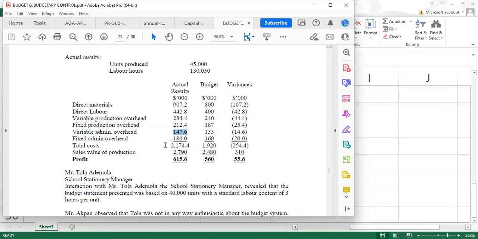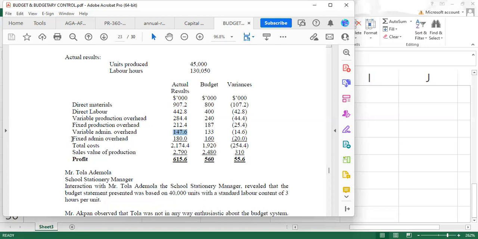Or if you are not giving labor, then you use units for all, like the first one that we did. But if you are giving units and labor hours, then you have to ask yourself which of these will vary with labor hours and which will vary with units. Which of these costs is driven by unit level and which is driven by labor hours? Are you okay?